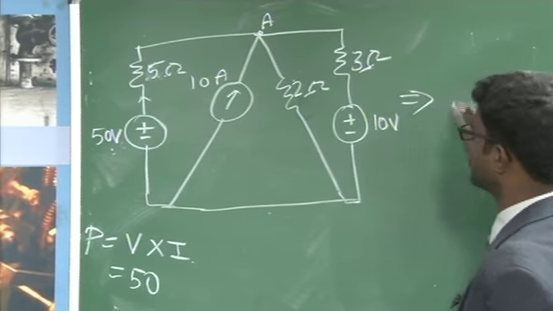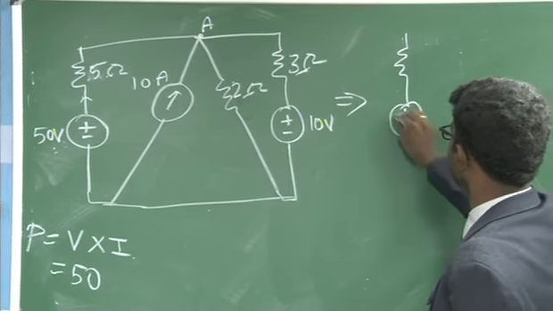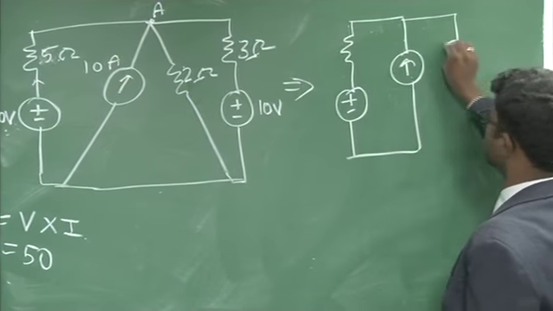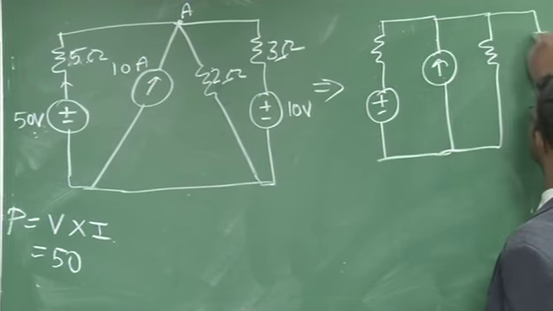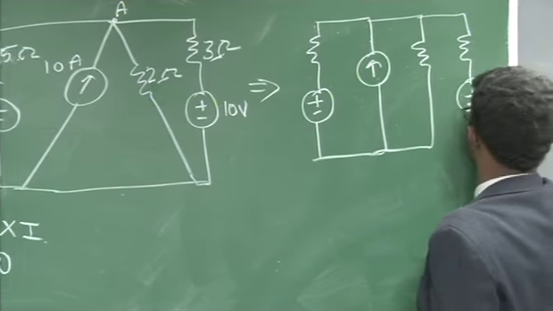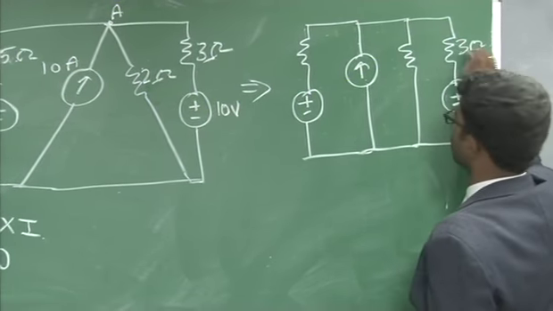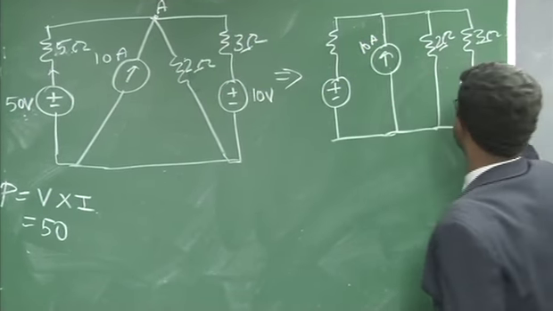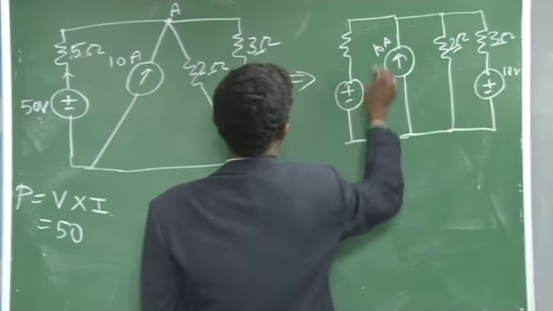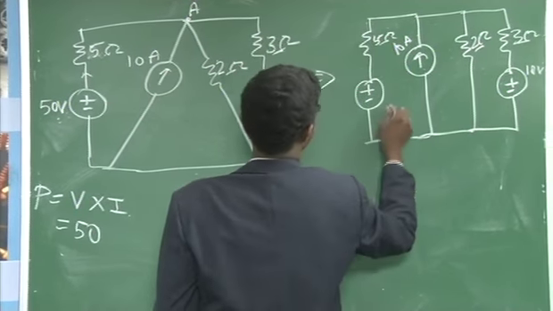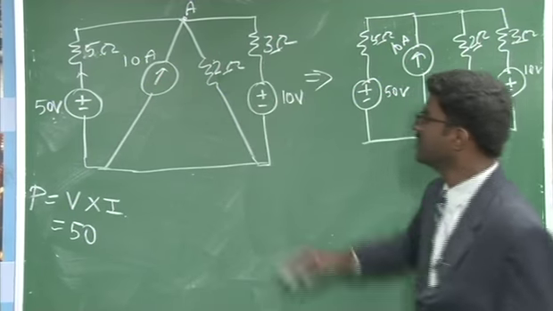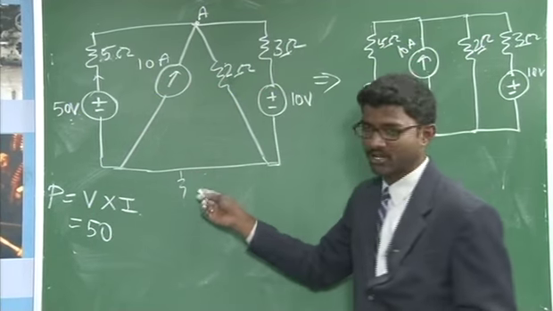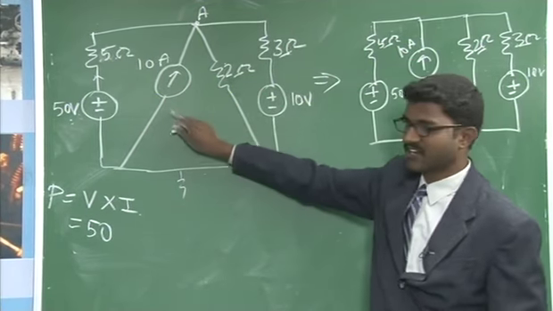I can also redraw this circuit. As you can see here, with respect to point A, if I take this as earth or ground, your A has a current source that is 10 amps.